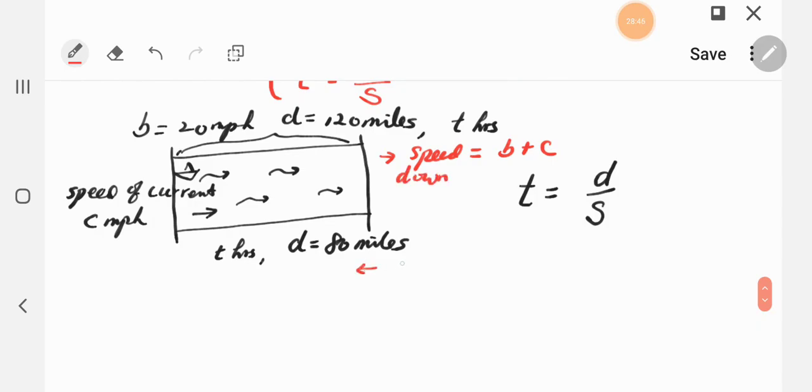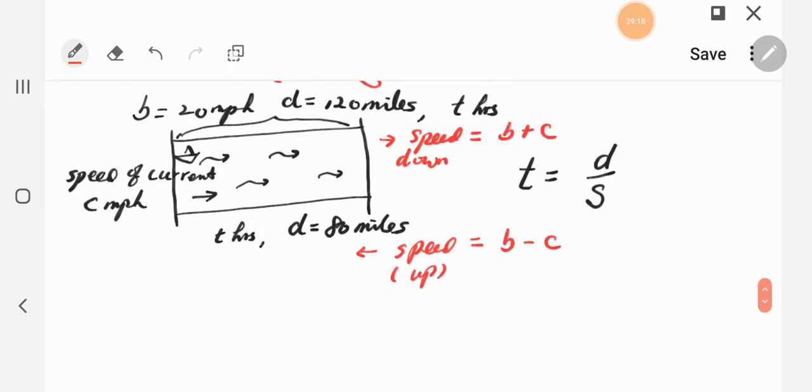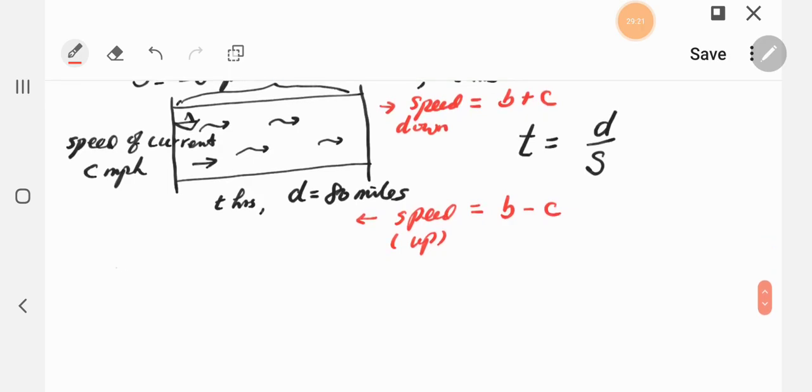When you go up, the upstream speed, you are going against the water, so it's the boat speed minus C. The speed of the boat is reduced by the current speed. So B minus C is the speed of the boat when you go upstream, and when you go downstream, the speed is increased by the water, because the water helps the boat. So the time for downstream is equal to the time for upstream.